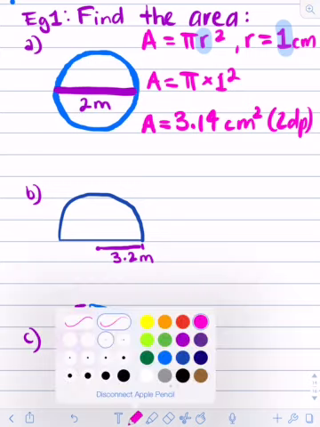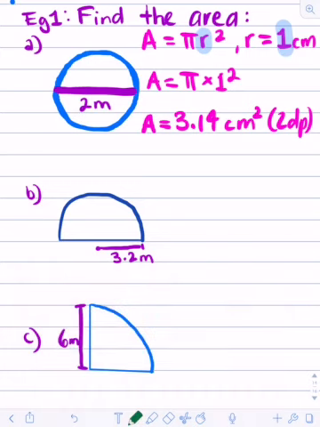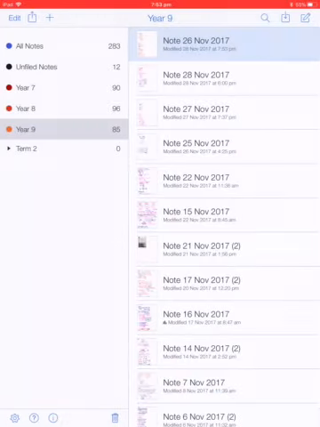Let's do the next question. The next question, we're already given radius is 3.2. So let's write our formula. Area equals pi r squared, where radius equals 3.2 meters. All right, let's pop that in, substitute that into our formula, where we put 3.2 where the radius is.